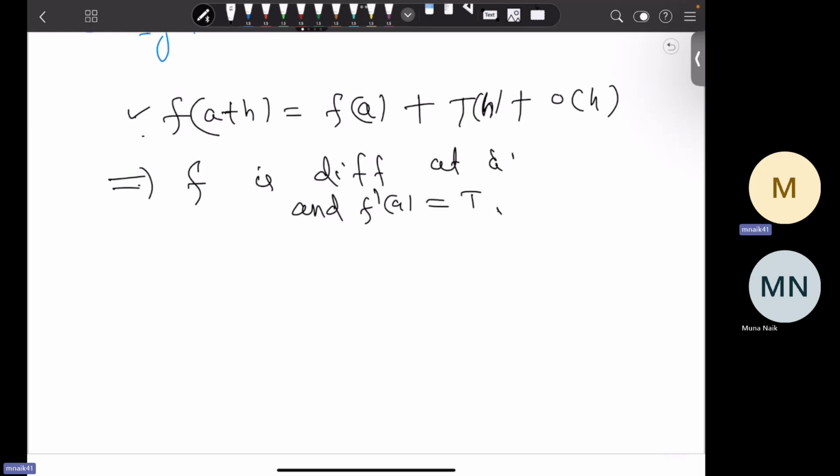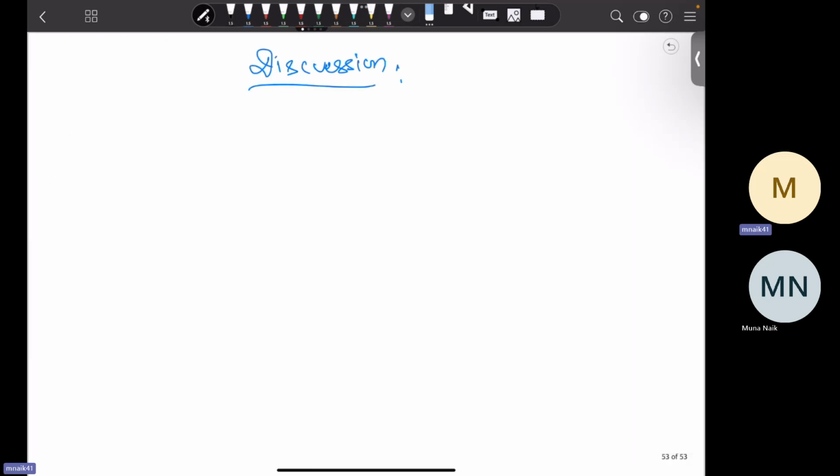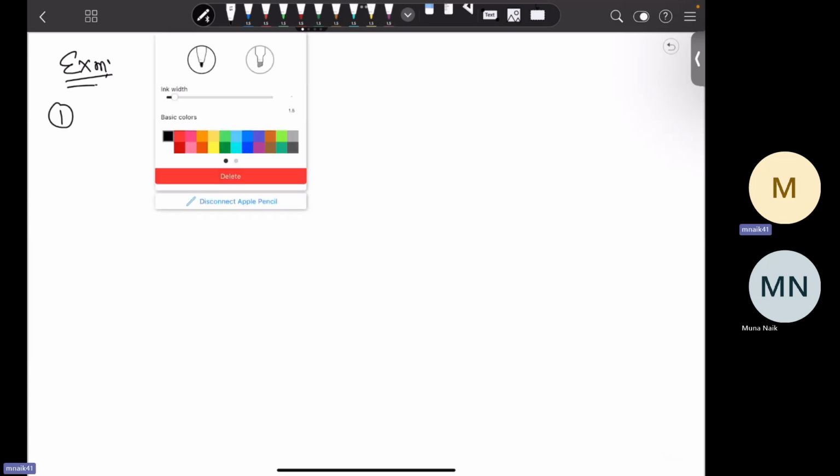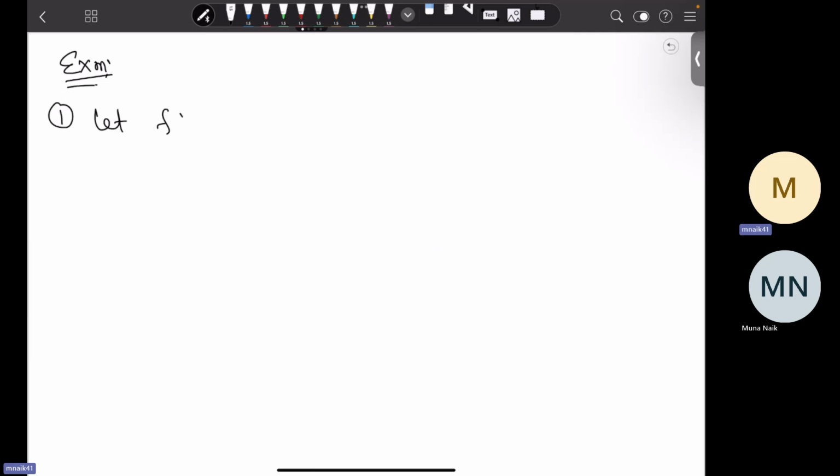Let us calculate some examples. The first example: let f be a function from R^n to R^m that is a constant map.